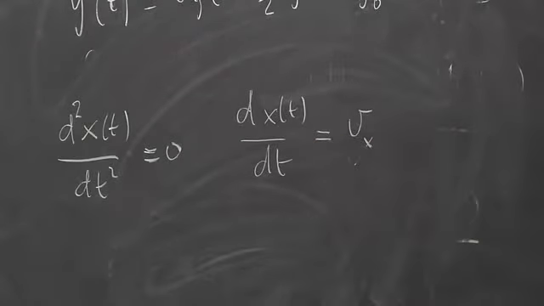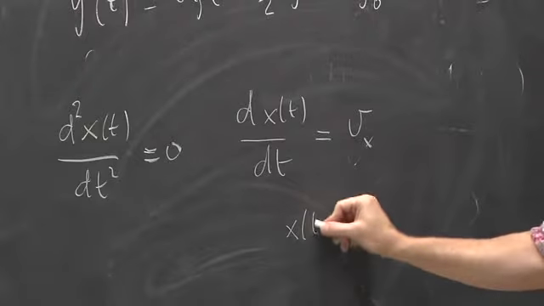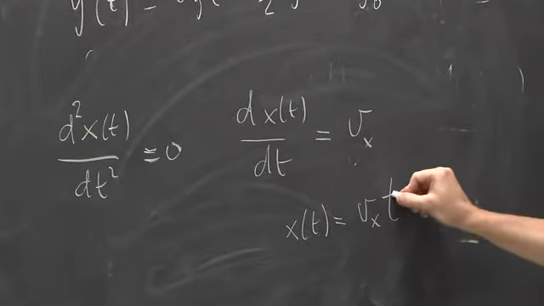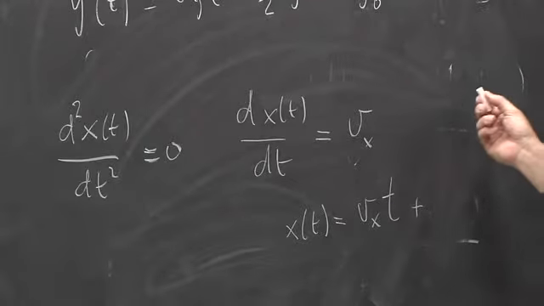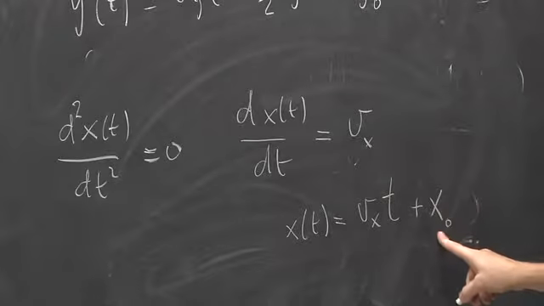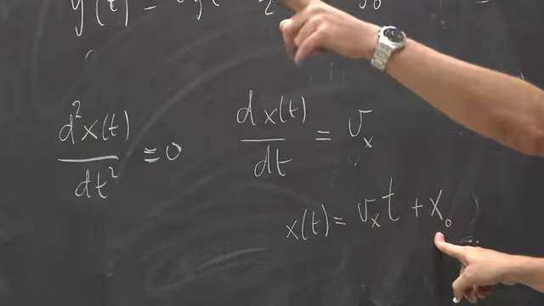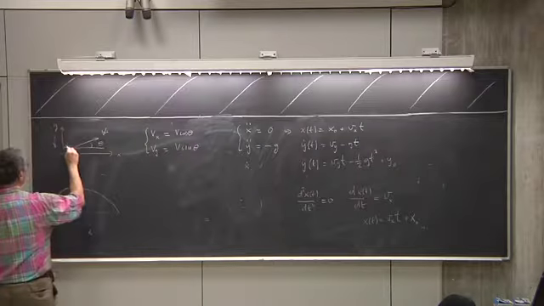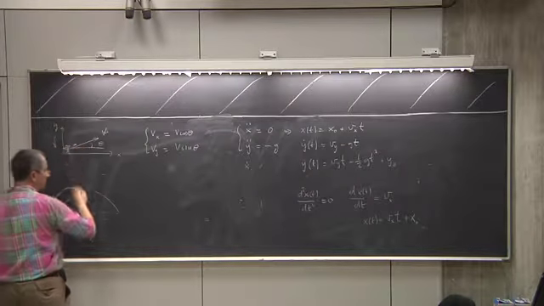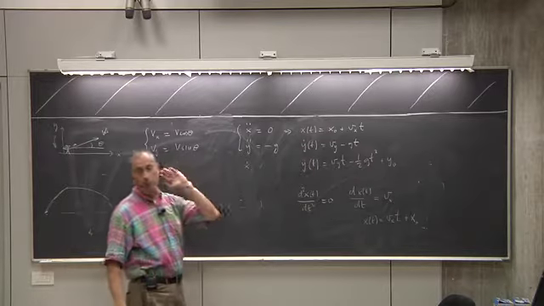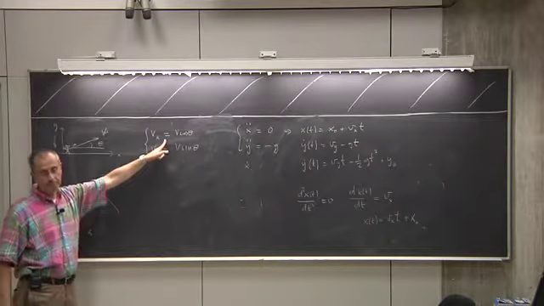And what is the integral of this? x of t is the integral of this with respect to time, and of course plus any arbitrary constant. This constant is the initial position in the x direction, so the position at which I'm throwing this ball, and this other constant is the initial velocity with which I'm throwing the ball.